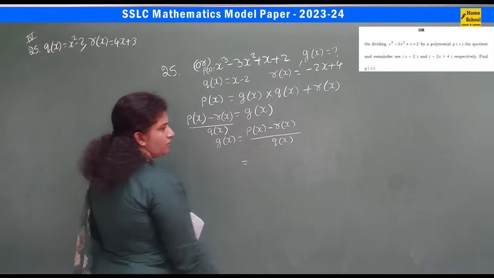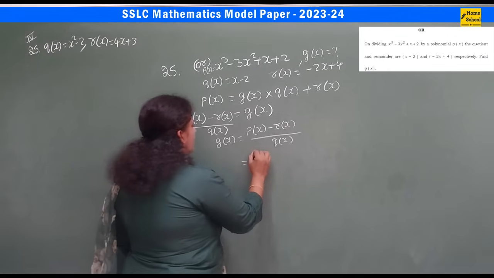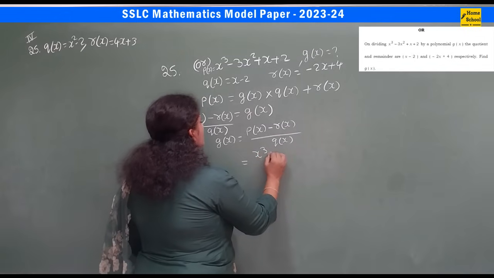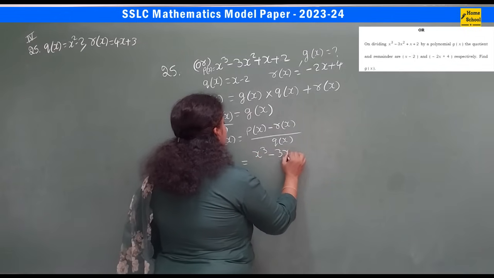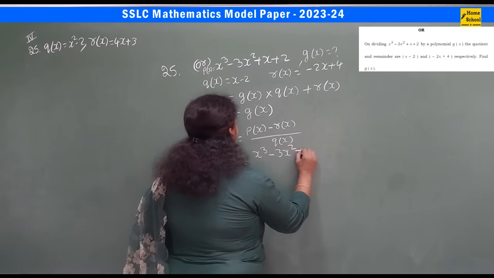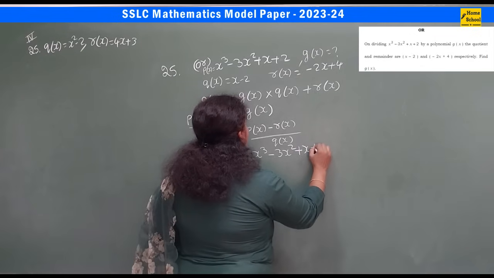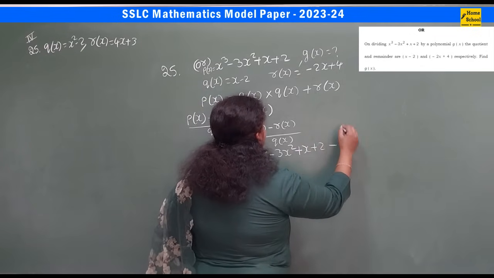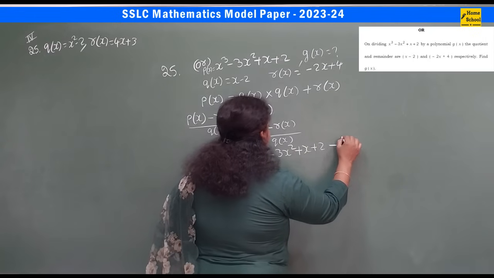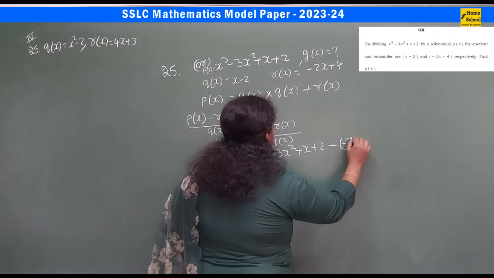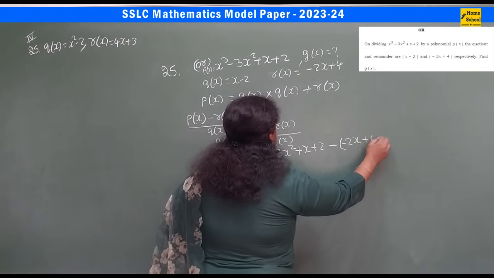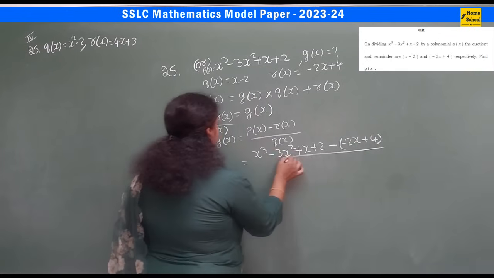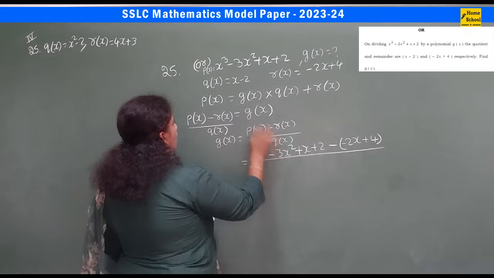Substitute the values. What you know? P of x value is x cube minus 3x square plus x plus 2 minus remainder. You are having minus sign. So take it in brackets. Minus 2x plus 4 whole divided by q of x.